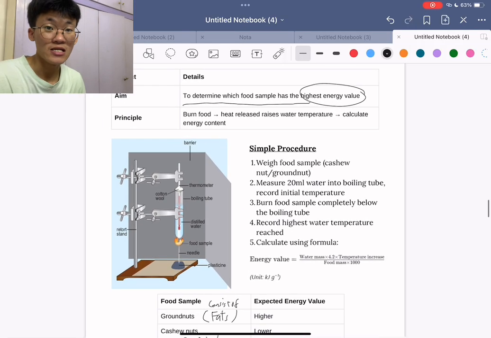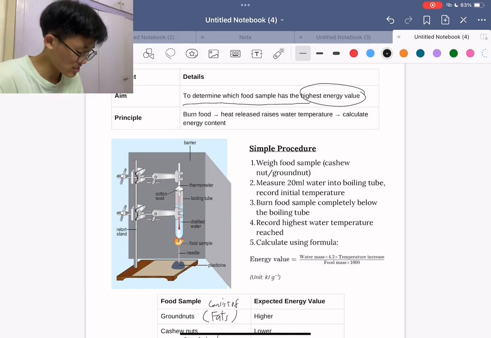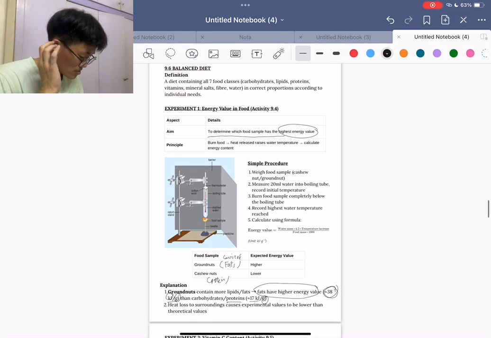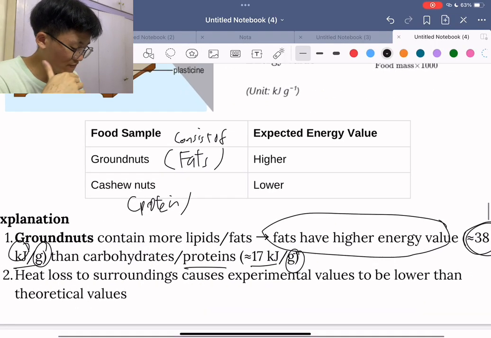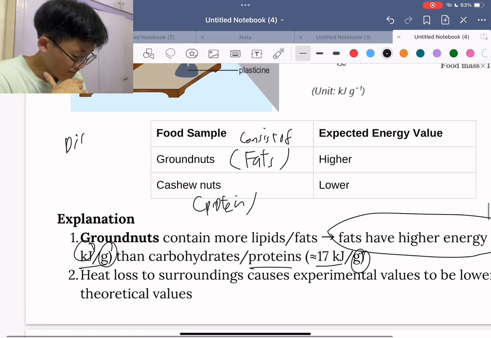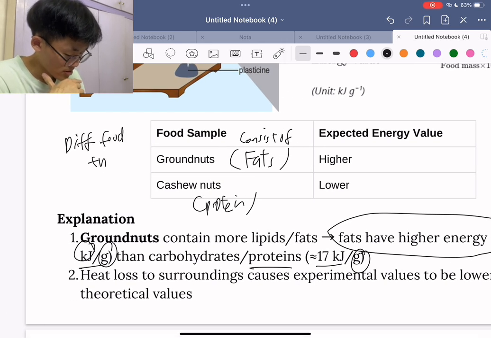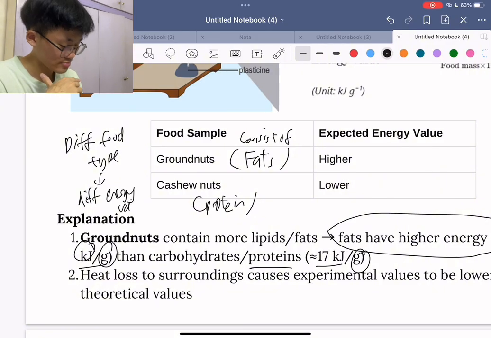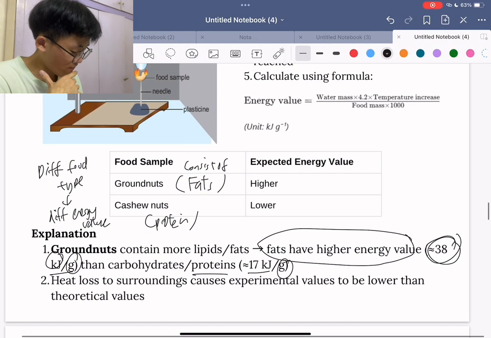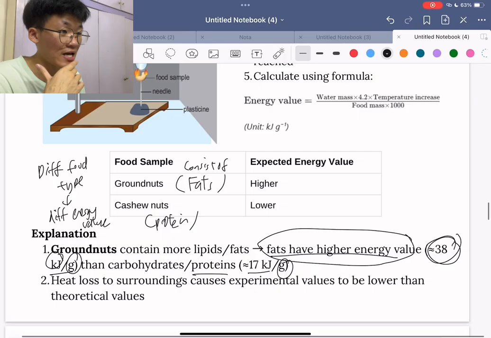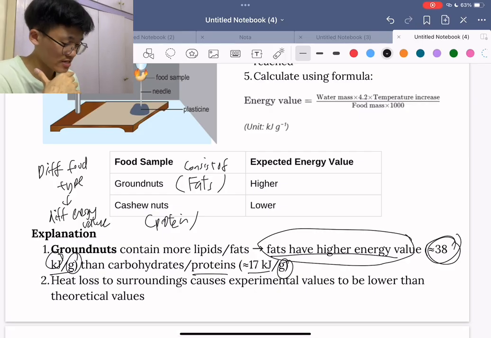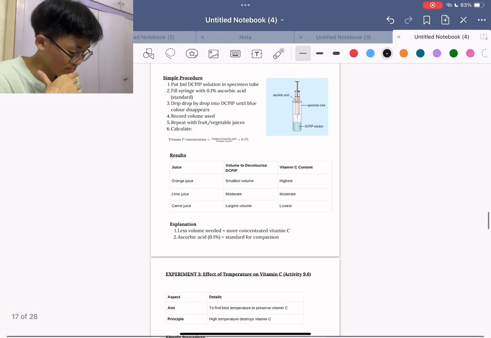This is the aim of the experiment. Very easy. Different food types have different energy values. Fats have a higher energy value so that they can provide you more energy. That's it, very simple.